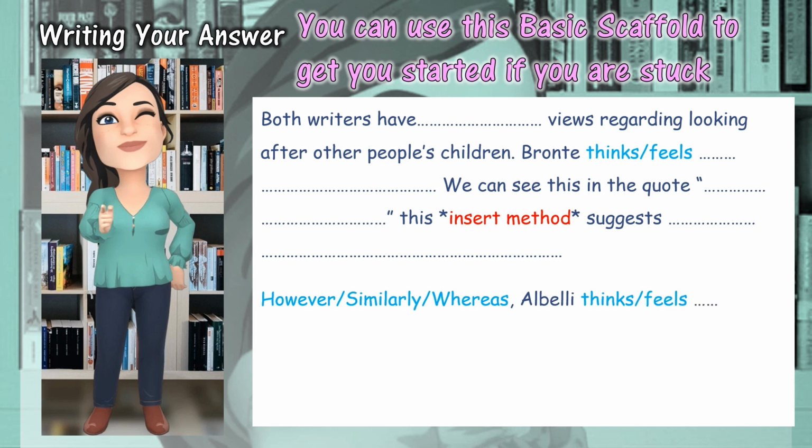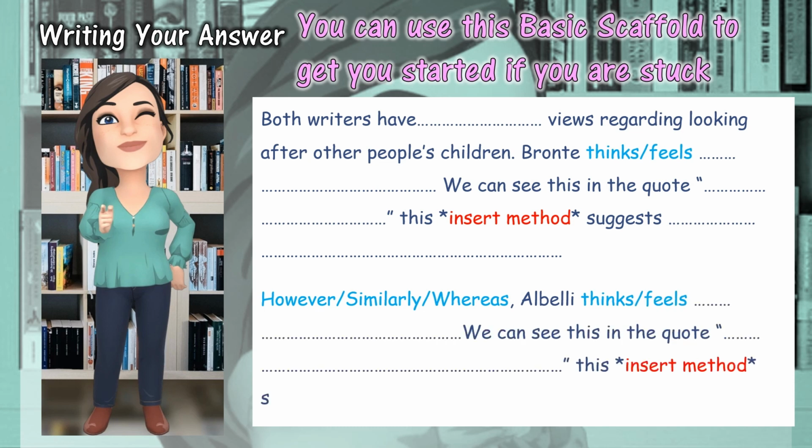However, or similarly, or whereas. So those are our comparison words. So pick one. Alberley thinks or feels blank. We can see this in the quote blank. This, again, insert a method, suggests blank.